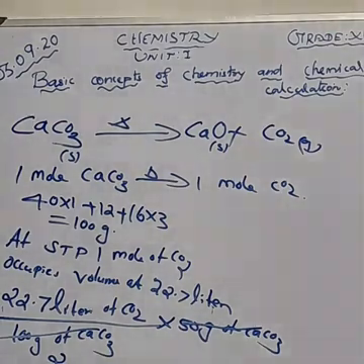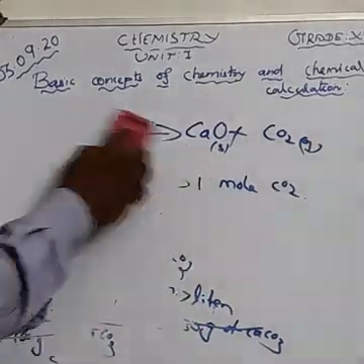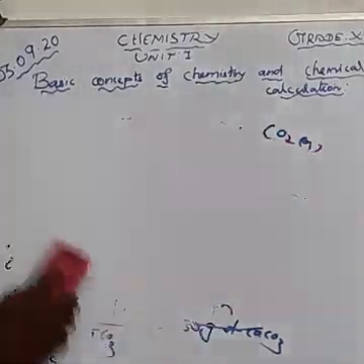How much volume of chlorine is required to form 11.2 liters of HCl at 273 Kelvin and 1 atmosphere pressure? Okay, here first of all, how is HCl obtained? First, how is HCl prepared?